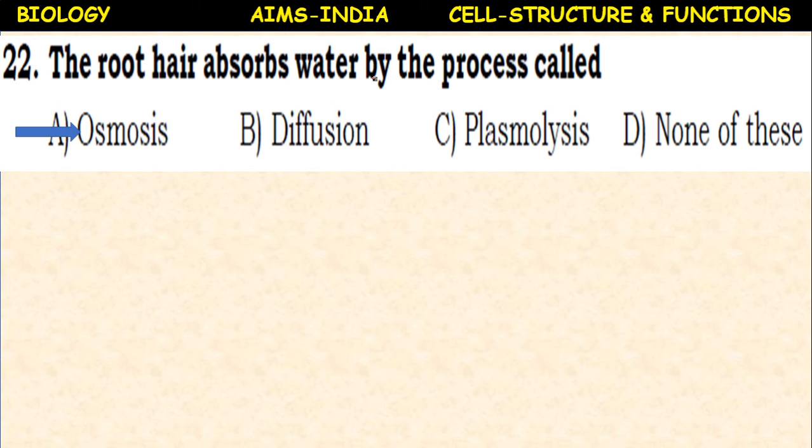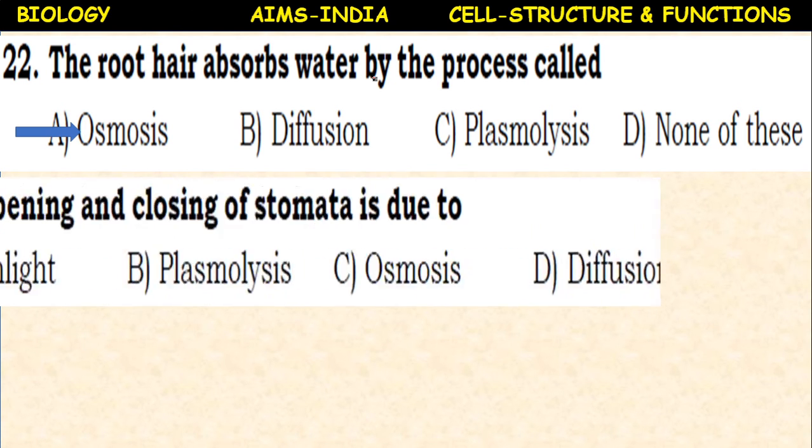The movement of solvent molecules, or water molecules, takes place from low concentration to high concentration through a plasma membrane or semi-permeable membrane until the concentration attains equilibrium. It is called osmosis. Why is it called a physiological process? Because it involves a biological membrane, the plasma membrane.